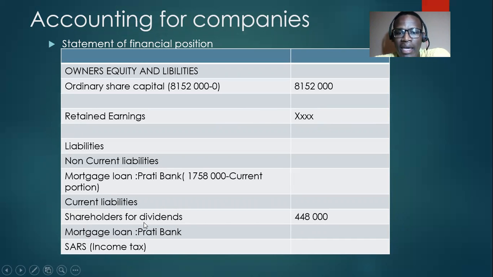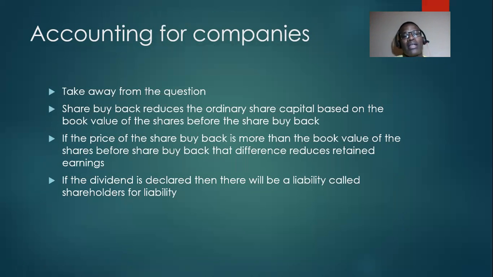Then we are going to look at what you can take away from this question. What you can take away is that share buybacks reduce your ordinary share capital based on the book value of the shares before the share buyback, right? So if you see a share buyback, you need to ask what the book value of those shares was before the share buyback, then you reduce your share capital.